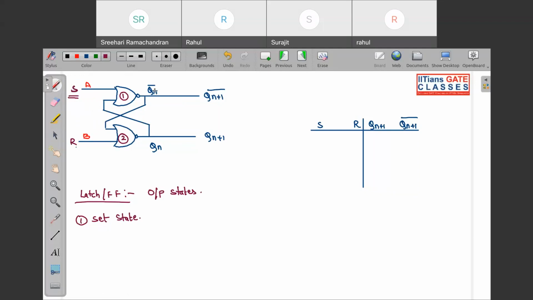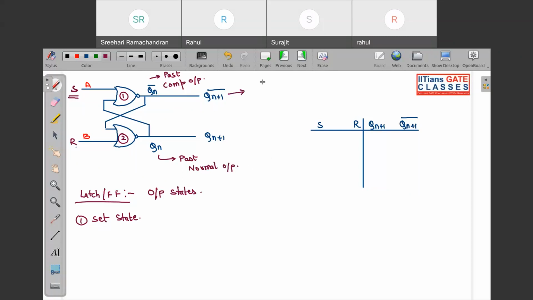Now this Qn complement and Qn, basically these are your past outputs. This is your past complemented output, and this is your past normal output.